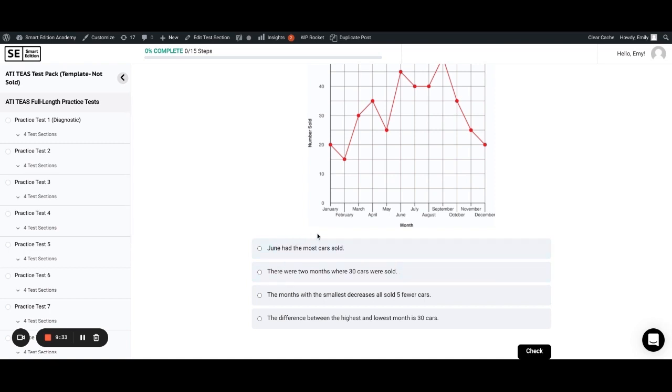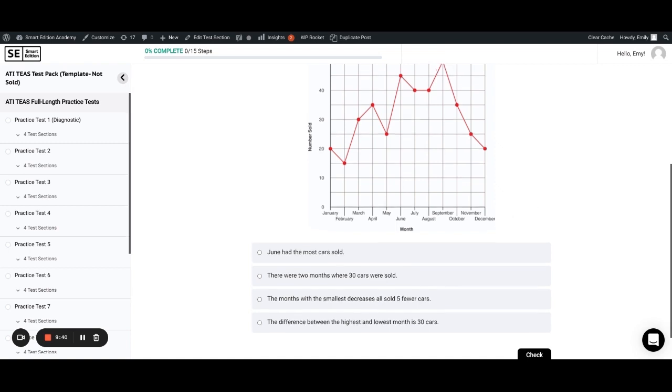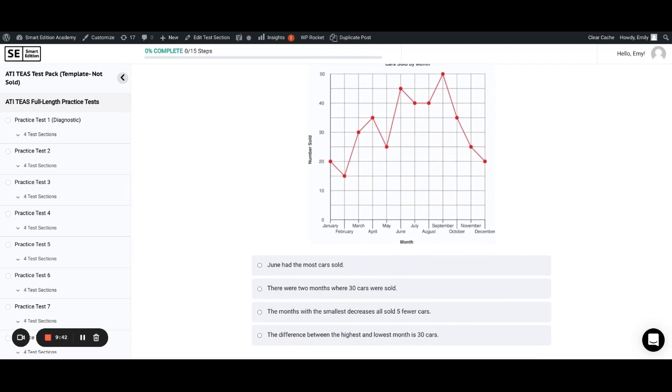It starts in January, going all the way down to December. And then option A says June had the most cars sold. B says there were 2 months where 30 cars were sold. C, the months with the smallest decreases all sold 5 fewer cars. Or D, the difference between the highest and the lowest month is 30 cars. According to this line graph, which is true?